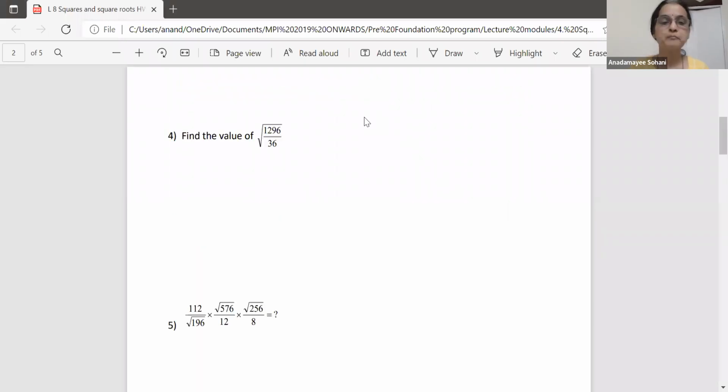Find the value of the square root of 1296 upon 36. Okay. Now we have two ways of doing this. We can find the square root of 1296 separately, then we can find the square root of 36 and then do the division.